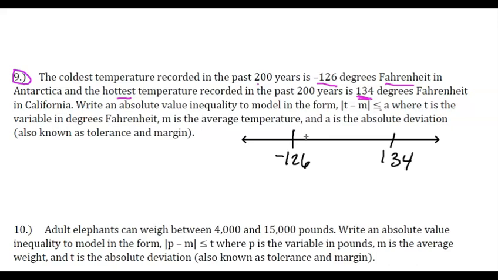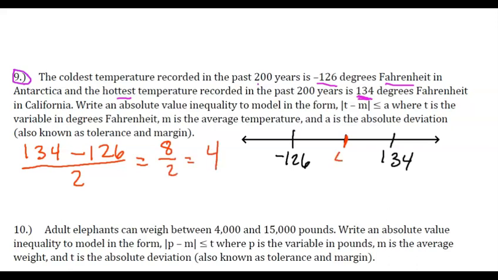It's in between, so we want to find the midpoint first. So we have 134 plus negative 126, and then we're going to divide by 2. And that would be 8 over 2, which equals 4. So our midpoint is a positive 4 degrees Fahrenheit.